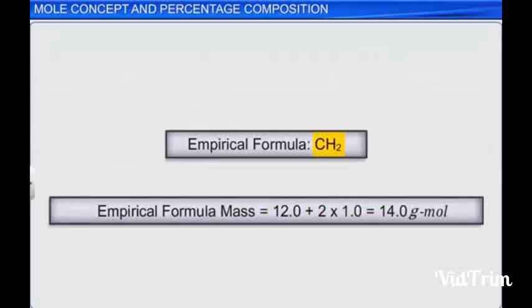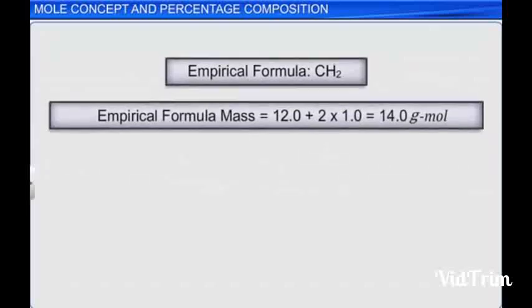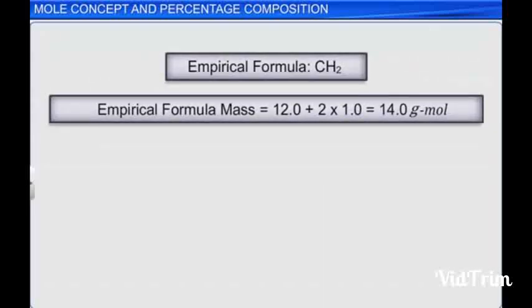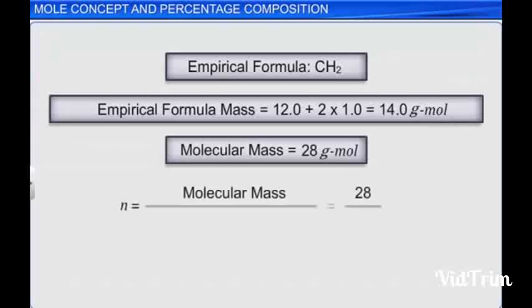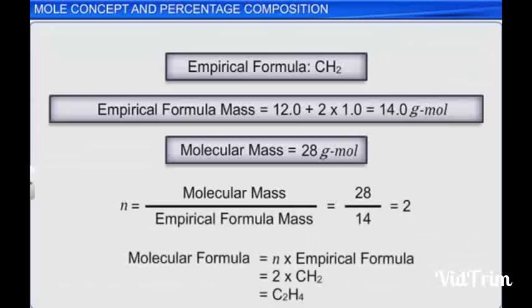The empirical formula mass of the compound will be the sum of the atomic masses of one carbon atom and two hydrogen atoms, which is 14 gram-mole. Now, let's say that we know the molecular mass of the compound is 28 gram-mole. Thus, 28 divided by 14 gives us 2. Then, we multiply 2 by the empirical formula and get C2H4.